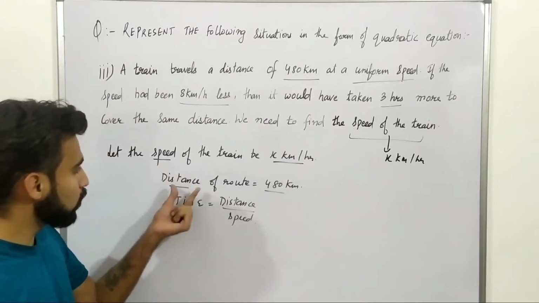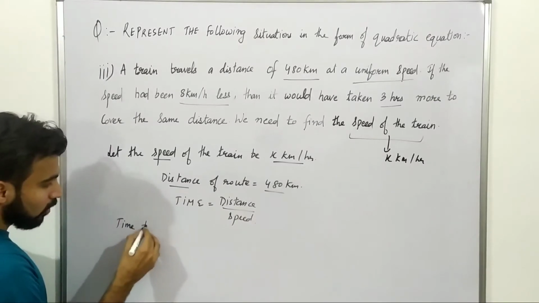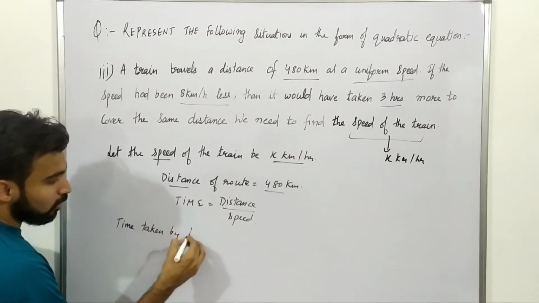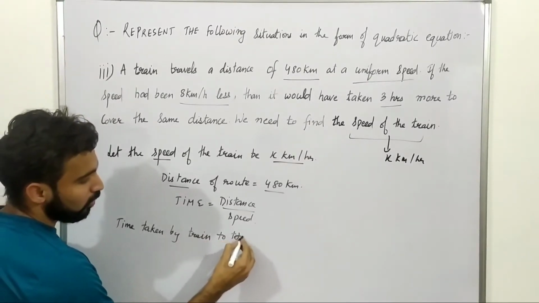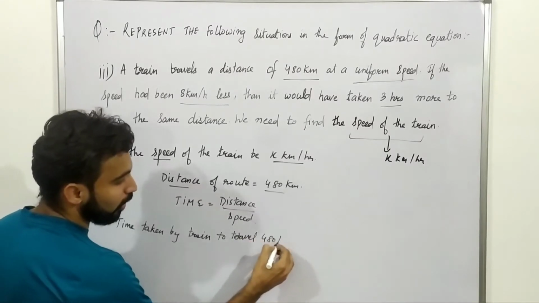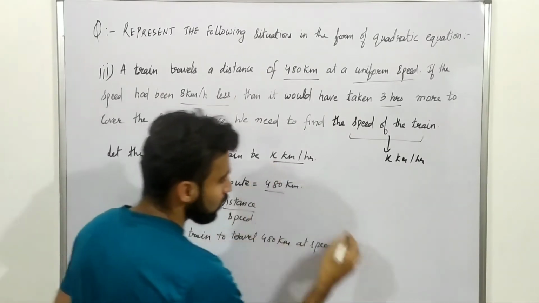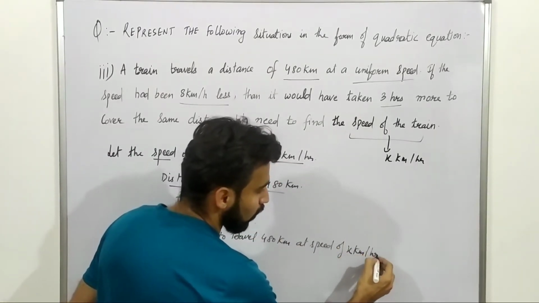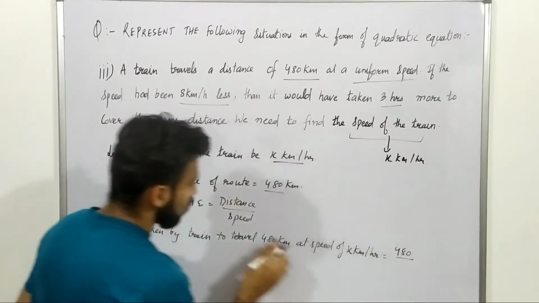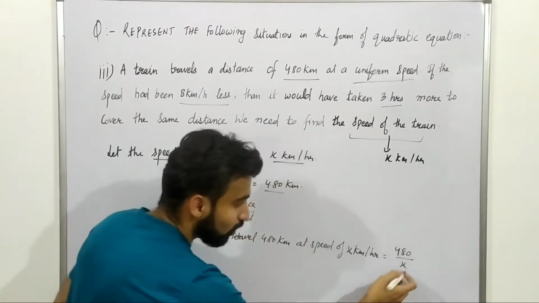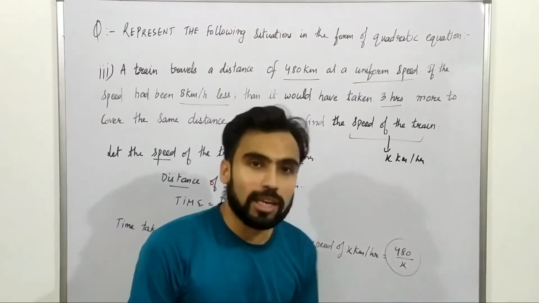So if I just substitute the speed and distance here, the time taken by the train to travel 480 kilometers at a speed of x kilometer per hour is distance 480 upon speed x. So this is the time taken by the train when it was traveling with the speed of x kilometer per hour.